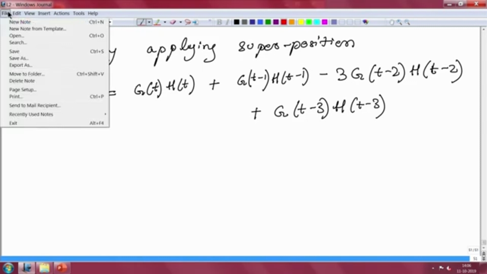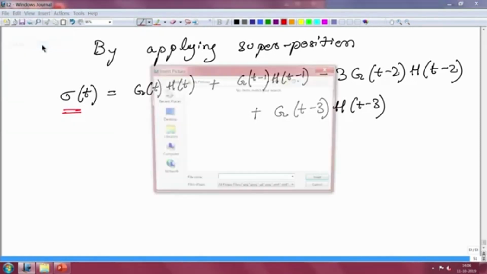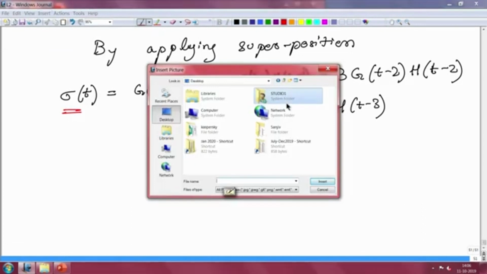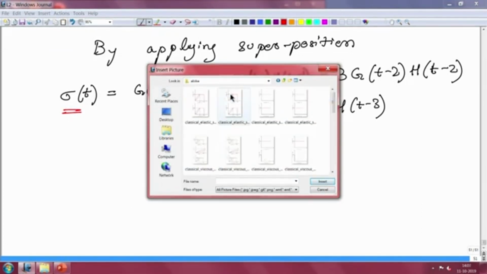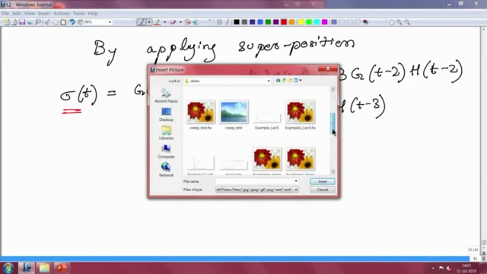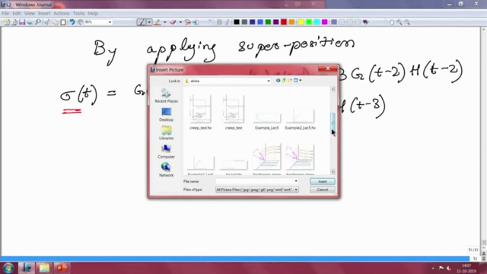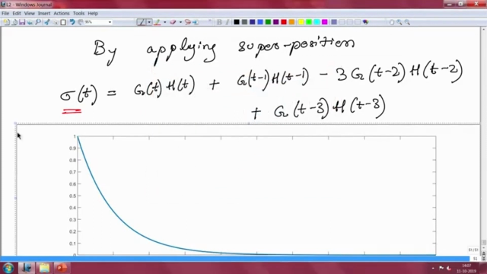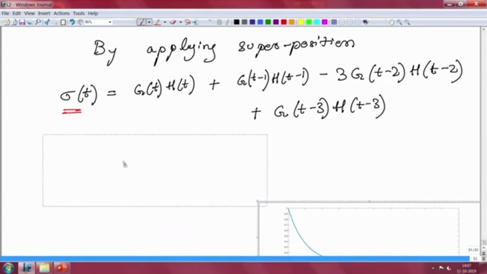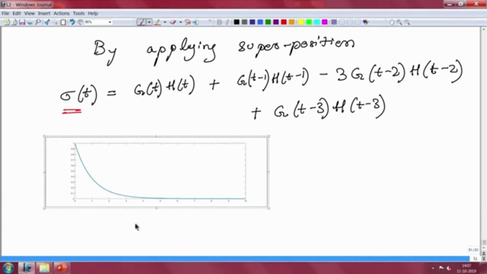So, what I did is, and please do not just take whatever I am discussing here at face value, check these yourself whenever you get time. Okay. So, what I have done here is I have plotted, this is your G(t).